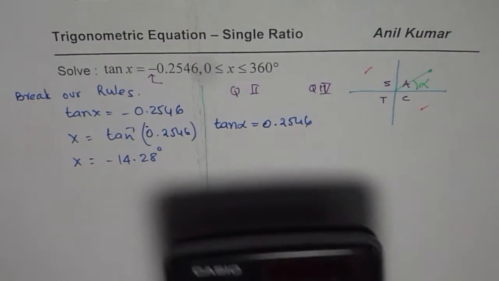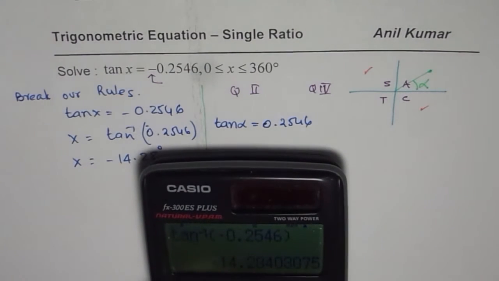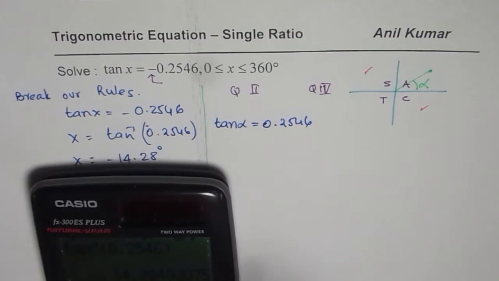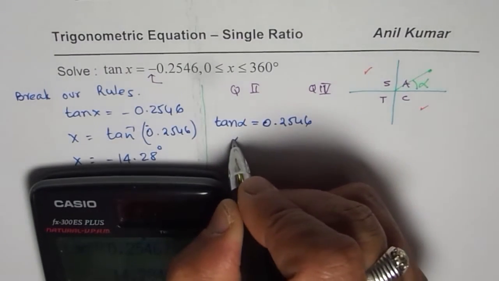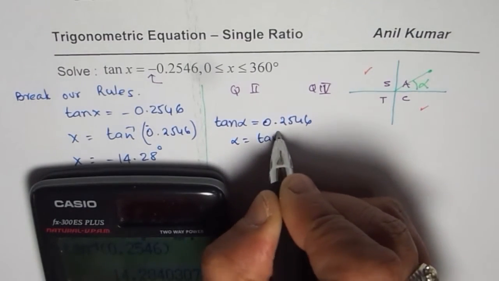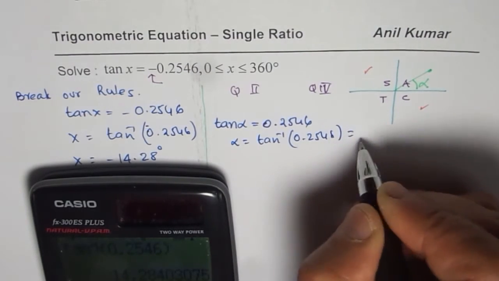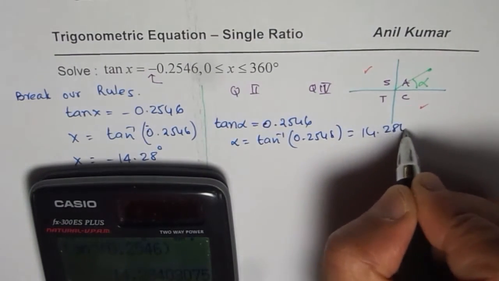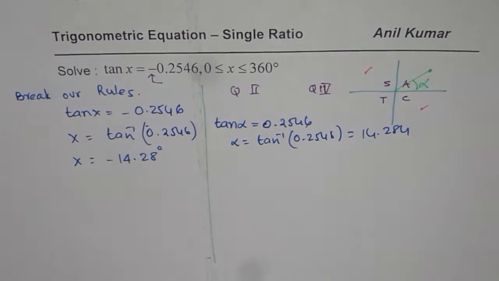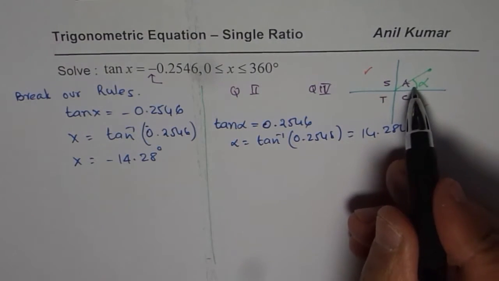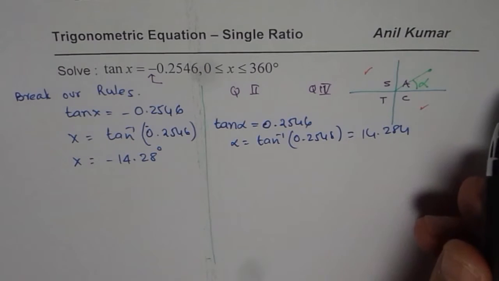Use the calculator and we do tan inverse 0.2546, bracket close, equal to 14.284. So we get alpha equals tan inverse 0.2546, which is 14.284. Okay, so we got our answer. This is in quadrant 1, definitely not our answer.